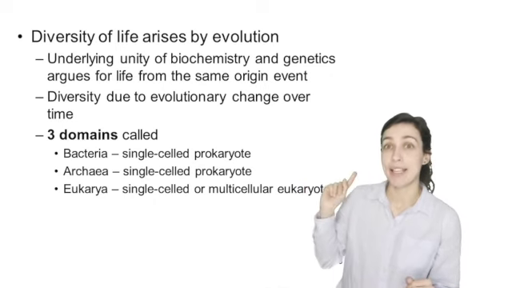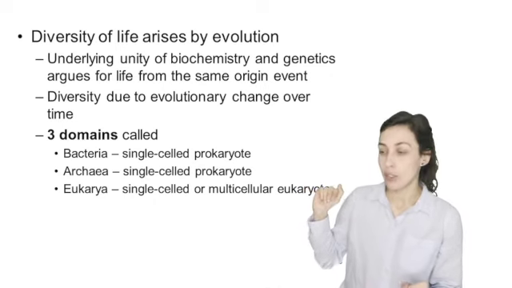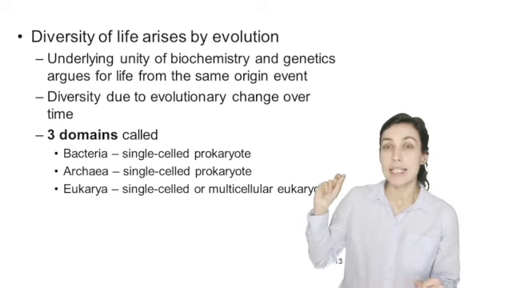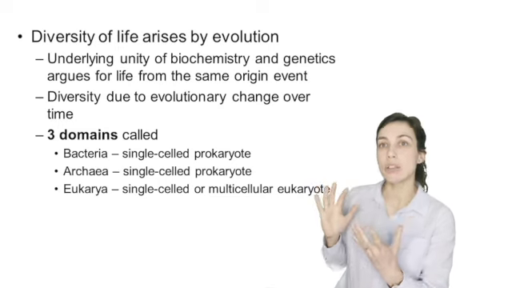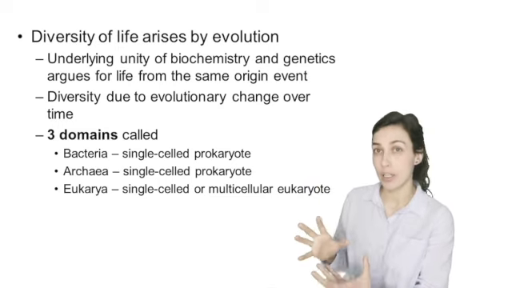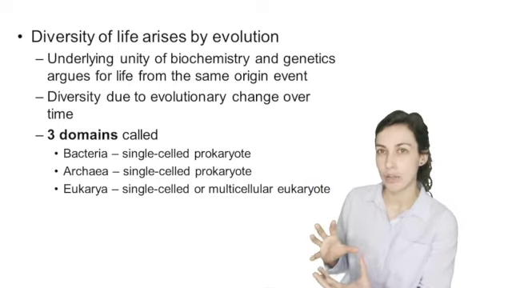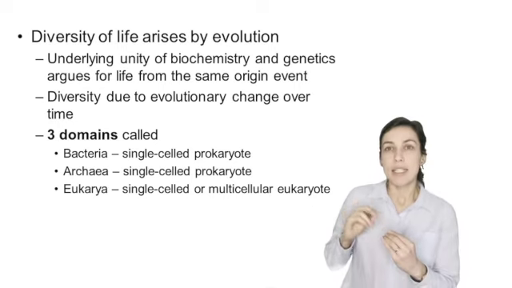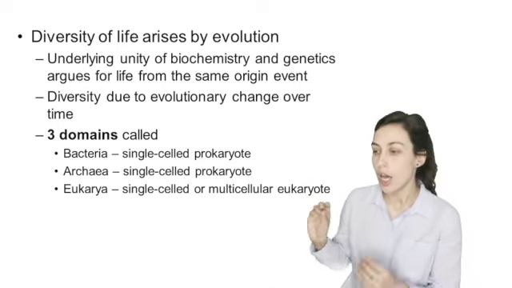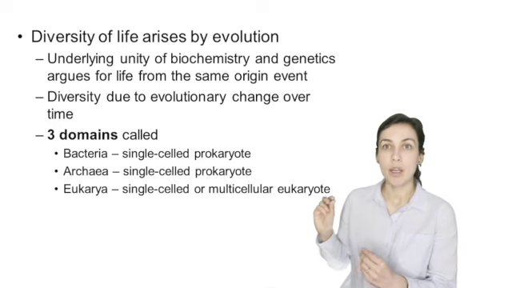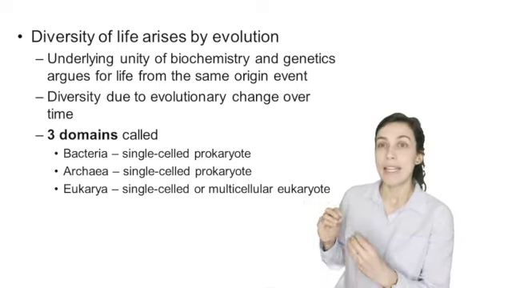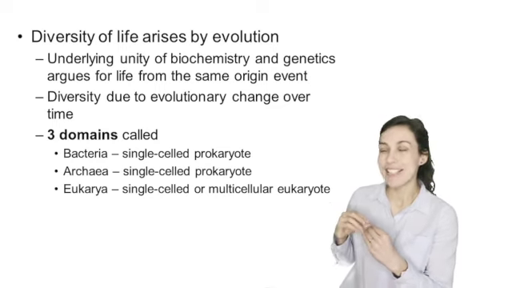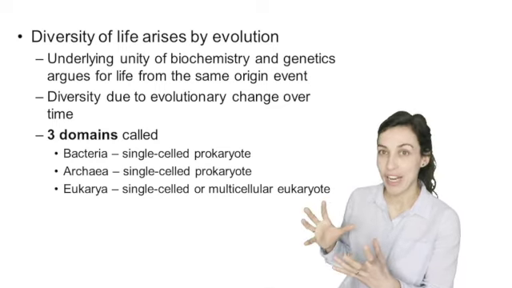The first domain is bacteria, and bacteria is a domain that is made up of single-celled organisms, and their cellular type is prokaryotic. We will talk about the meaning of that later. The second domain is called archaea. They are made up of only single-celled organisms that have a cellular type prokaryotic.